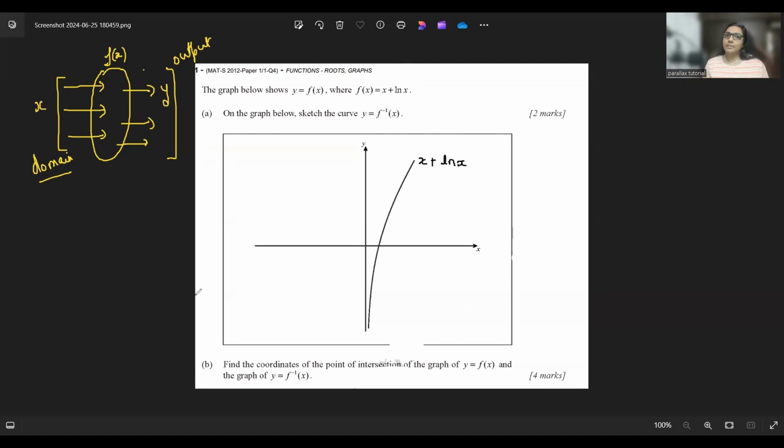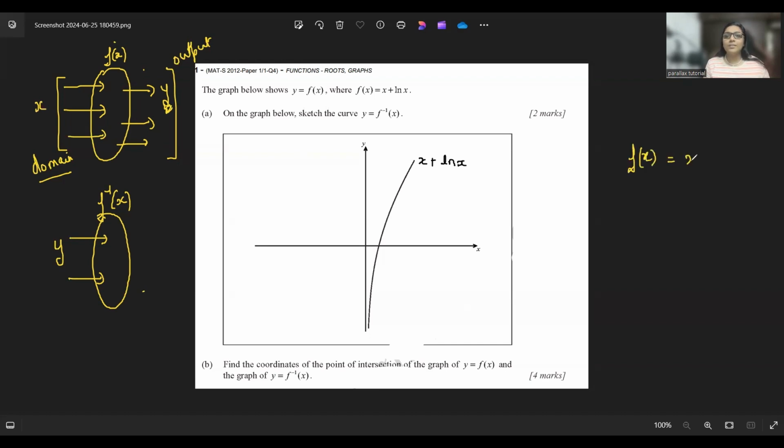Now, what is an inverse then? So inverse of a function is also another machine, a different machine, okay? It has a different formula. In that, you input the same values which you got as output from the previous f of x. Now, this is the reason why we swap x and y values. So if you recall how we find inverses of any function, you must have done this previously.